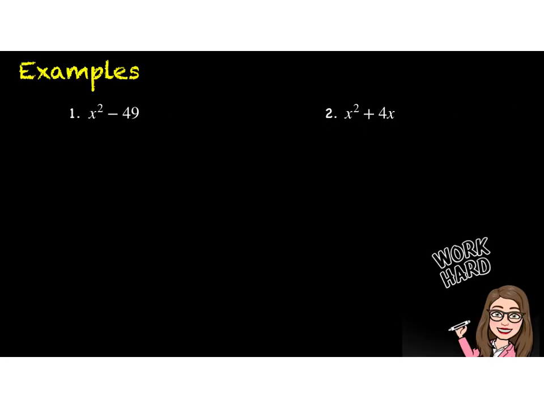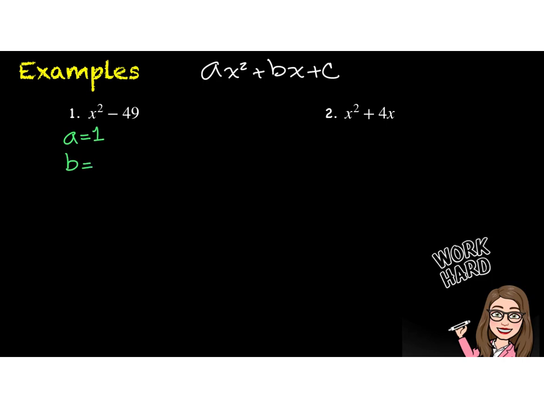Here we have two examples of special cases. What do I mean? If I remember my notation, ax to the second power plus bx plus c, and then I look at this one right here, I'm going to say, what is A? A is always the number in front of the x squared. In this case, that's an invisible 1.